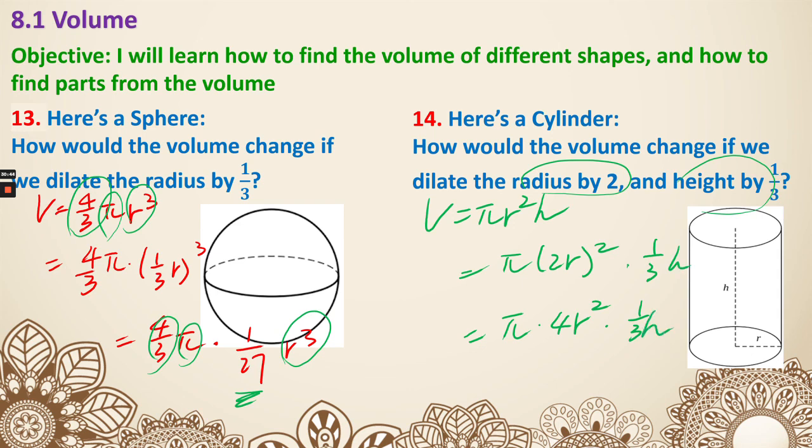To compare with the original formula, pi is there, r squared is there, h is there. The only thing that's different is the 4/3, which is how much the volume is going to change. That is number 14. That is everything. And that is everything for 8.1 volume.